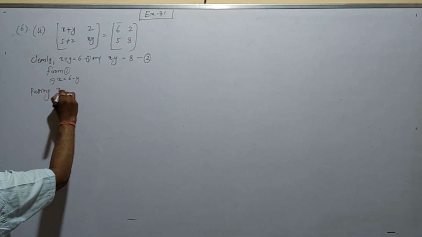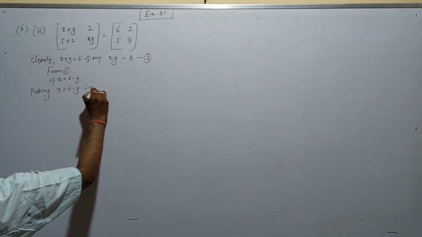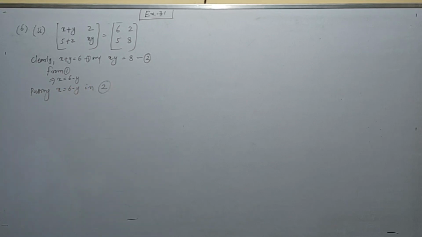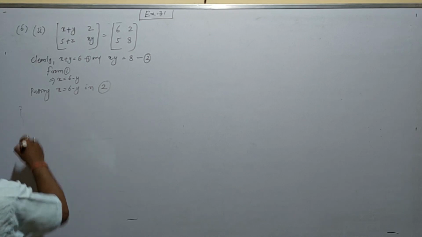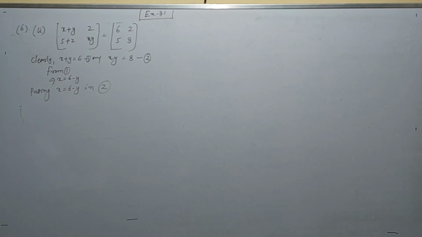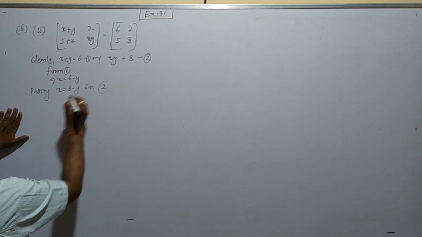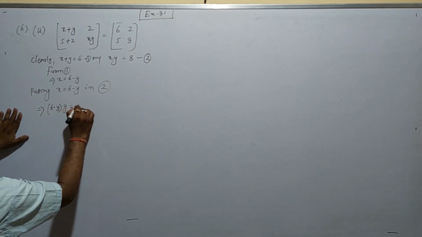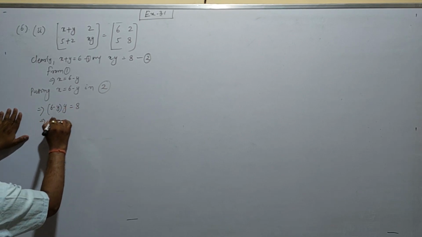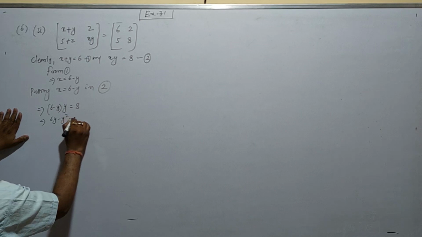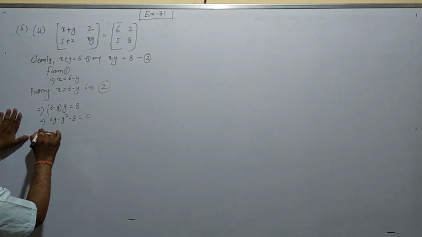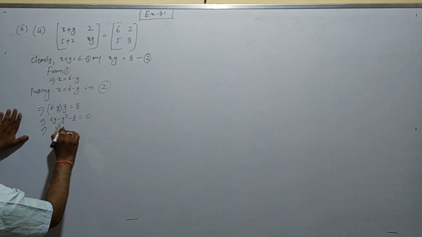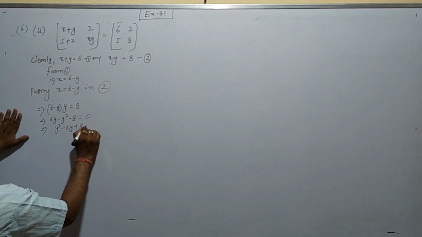We put x is equal to 6 minus y in equation 2. What do you get now? It is (6 minus y) into y is equal to 8. So it is 6y minus y square minus 8 equal to 0. So it is y square minus 6y plus 8 equal to 0.